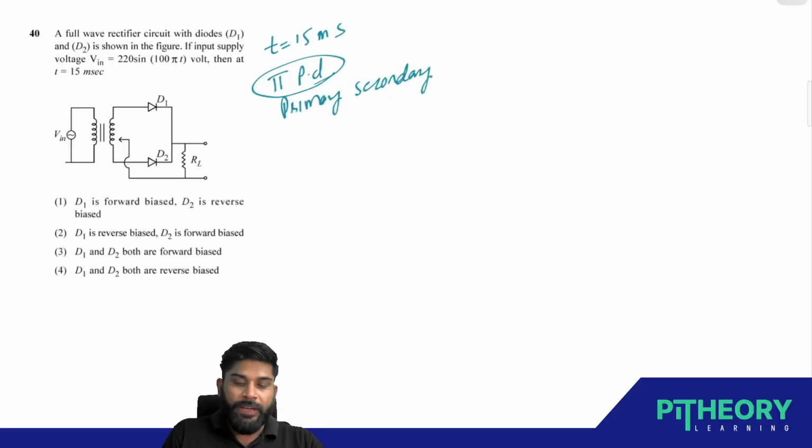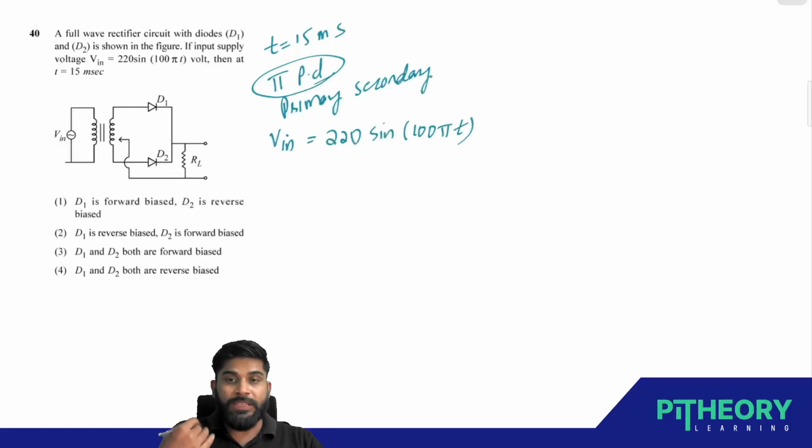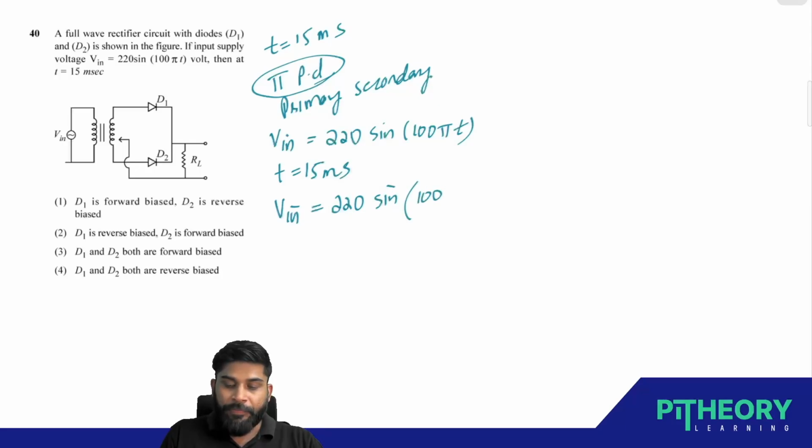Okay, so we first find the input potential, which is given as 220 sine 100 pi t. Let's identify which cycle is going on: is it the positive half cycle or the negative half cycle of the input? At t equal to 15 millisecond, what would Vin be equal to? 220 sine 100 pi into t, where t is 15 into 10 to the power minus 3.